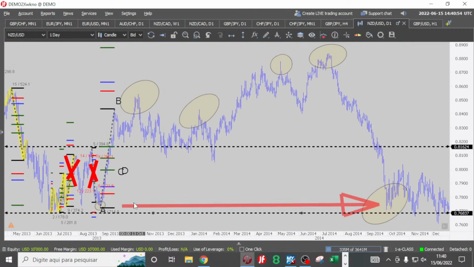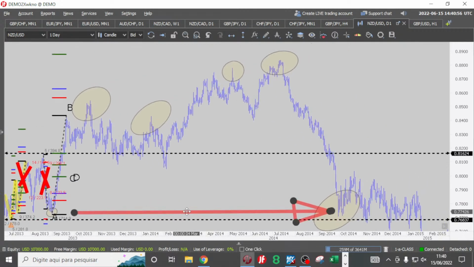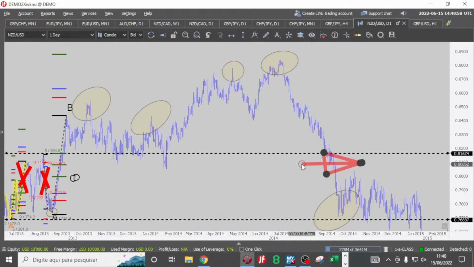Does the second circle look to you like the first high? Does the second circle look to everybody like the absolute high? Does it look like the starting point of a downtrend?